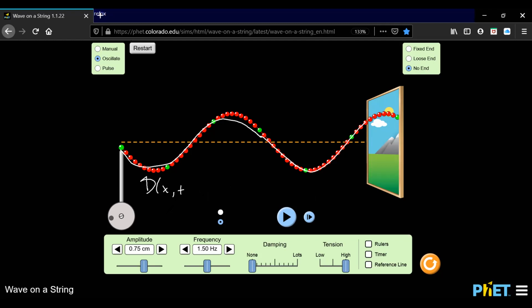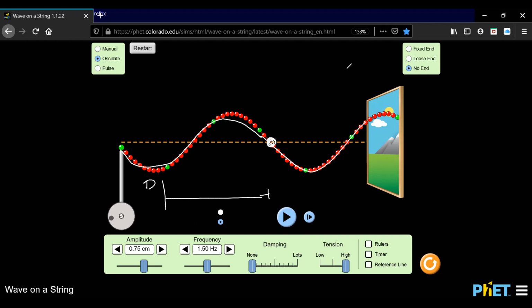But if we then consider a single spot, let's consider this spot right here, okay? What would be the graph of the displacement versus time of this spot?